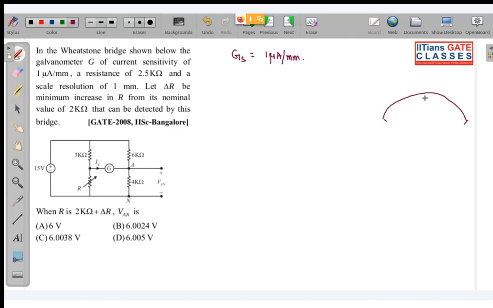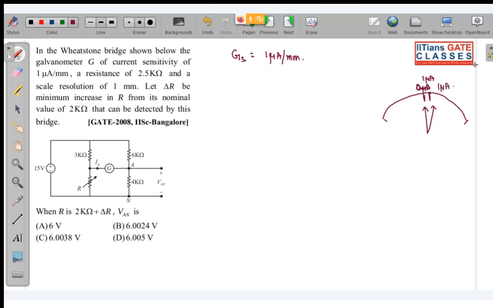If this is the galvanometer scale, and this is suppose 1 mm, so if your galvanometer points from here to here, that means it is indicating a change of 1 microampere. If for this indication it was 0 microampere, then for this indication it will be 1 microampere. That is what is said.